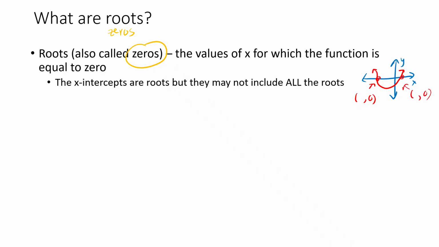And of course, in a function, the y is f of x. So where there are x-intercepts, those are zeros, but they might not be all of the zeros or the roots that a polynomial has.